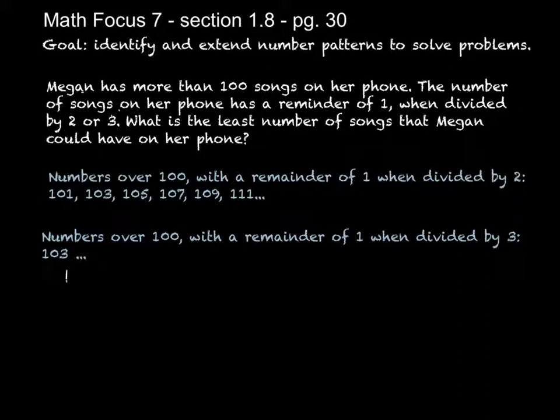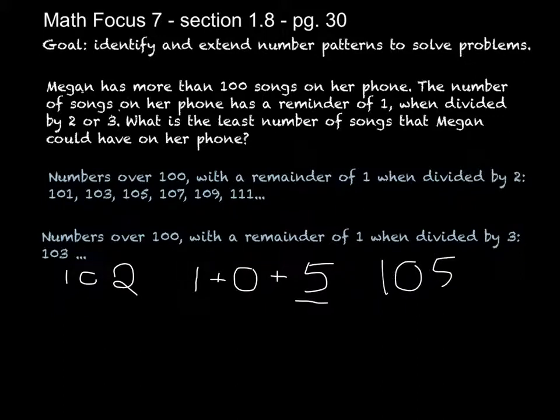So 102 was divisible by 3 because 2 plus 1 equals 3. The next number that would be divisible by 3 would have to be 1 plus 0 plus a number here that would equal a number divisible by 3. 105. 5 plus 1 is 6, so 105 is divisible by 3.